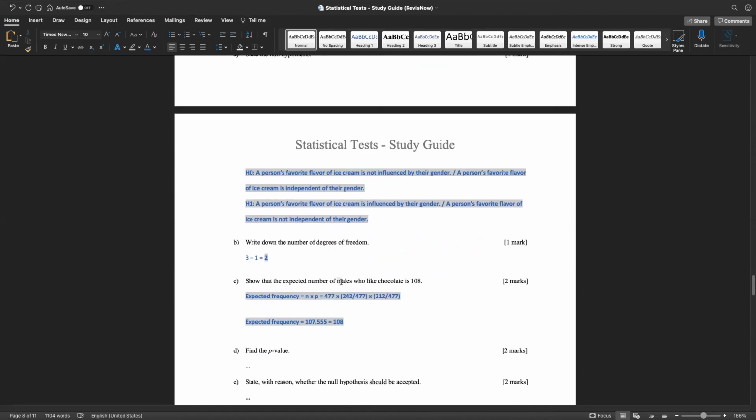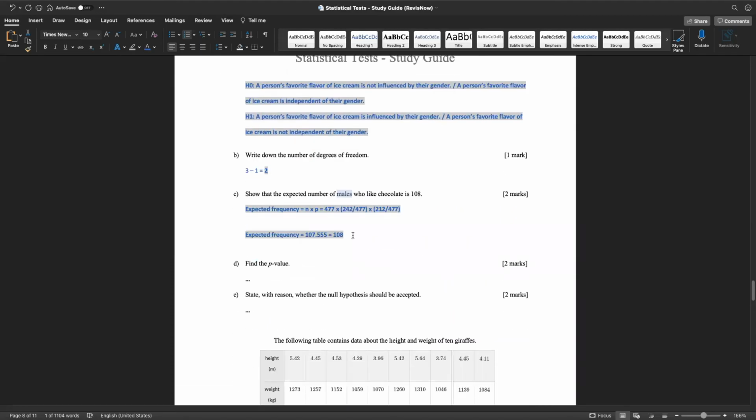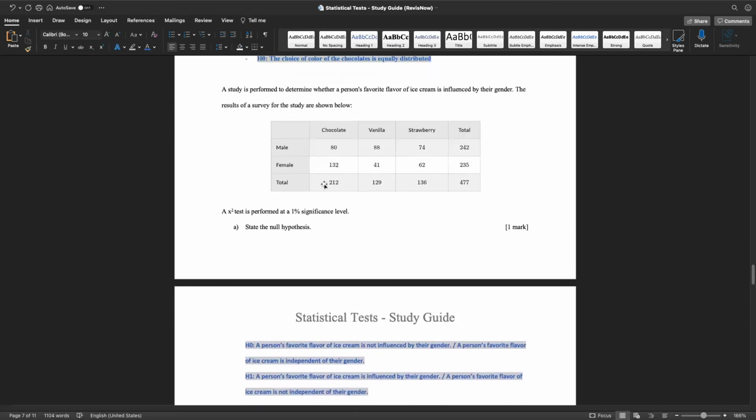Then when you go further into the question, you see that it's asking for males. So you see male right here. You want to go and find males over here. That would be 242 out of 477, the total. That would be the next part of your equation. And then there's chocolate. So you want to go find chocolate, which is right there.